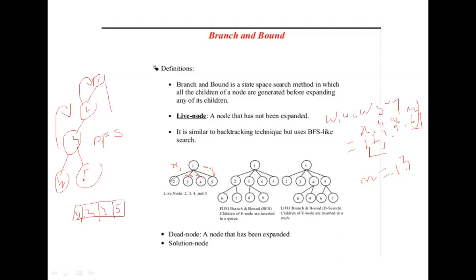After I consider these weights, x1, x2, x3, x4, which one do I expand next? In first in, first out we use a queue, so the first element is 2. Next you can expand 2 here.